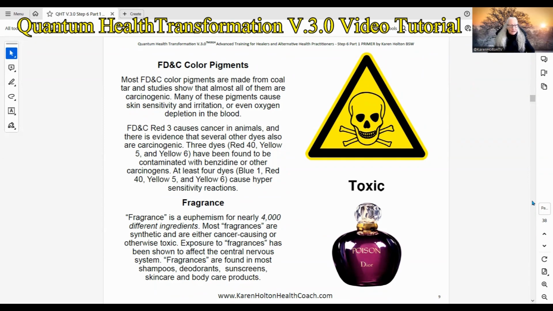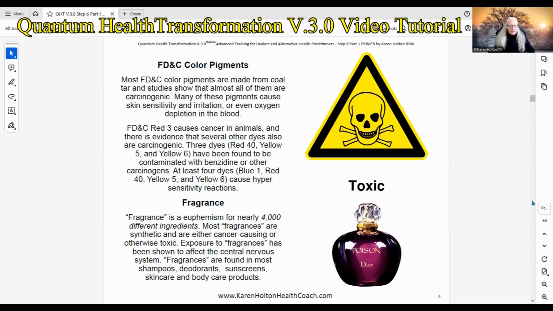FD&C red 3 causes cancer in animals, and there's evidence that several other dyes also are carcinogenic. 3 dyes, red number 40, yellow number 5, and yellow number 6, have been found to be contaminated with benzidine or other carcinogens. At least 4 dyes, blue number 1, red number 40, yellow number 5, and yellow number 6, cause hypersensitivity reactions.